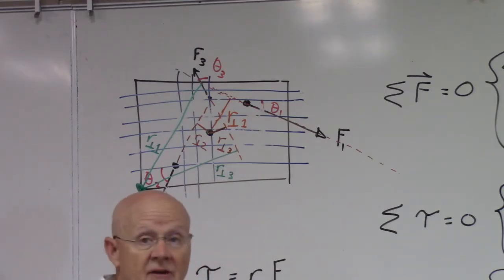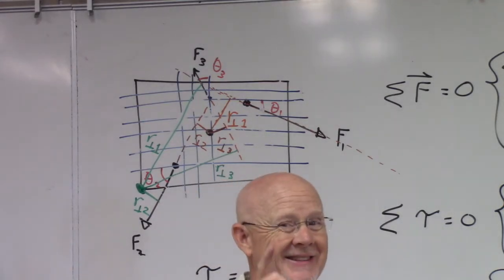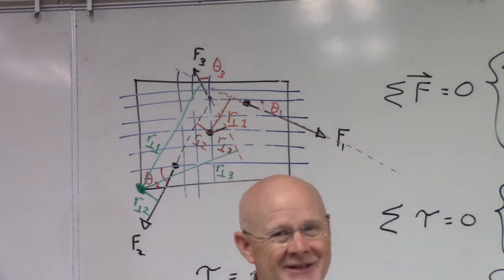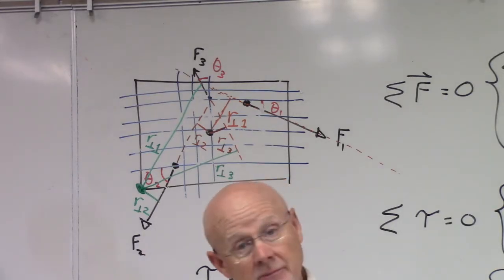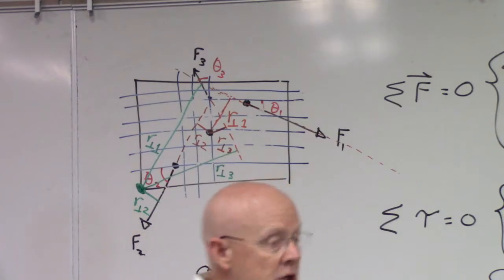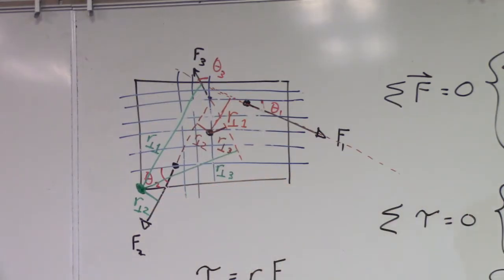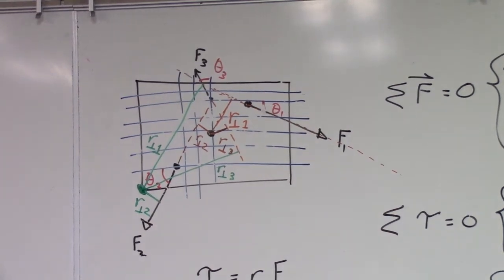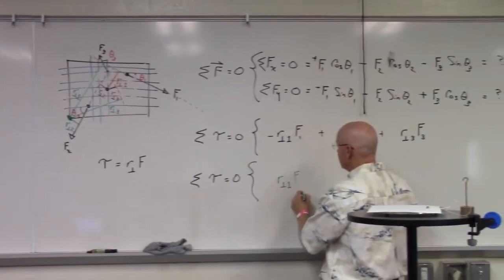And so notice I have very different R's. But yet, the torque should come out to be 0. So, let's see what happens here. I'll do the first torque, and I guess I'll do it in green to keep with that theme. This would be R perpendicular 1 times force 1.